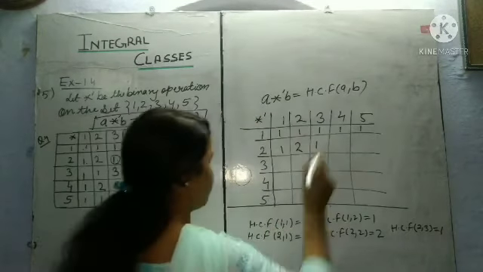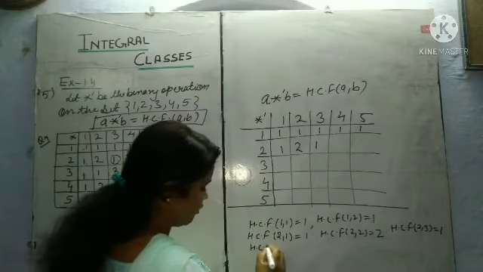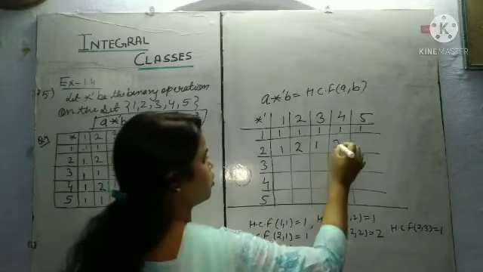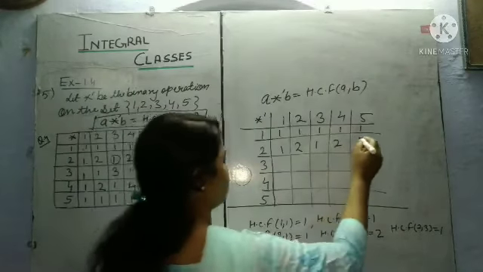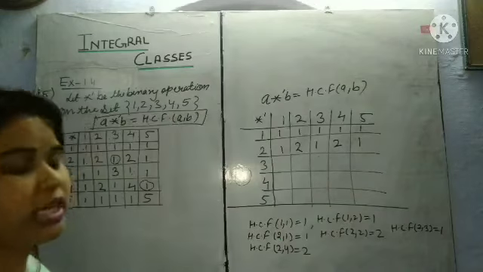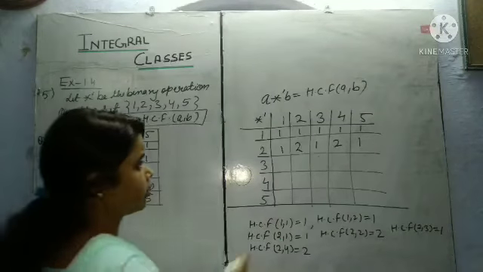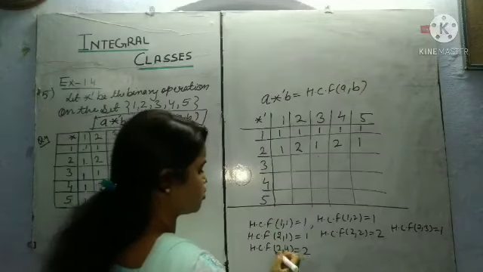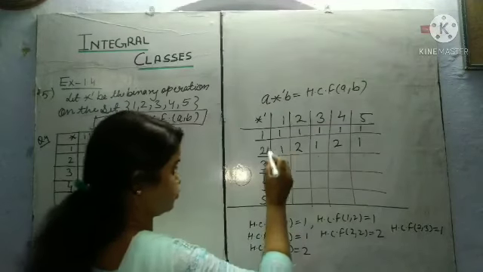Similarly HCF of 2 and 4 is equal to 2, and HCF of 2 and 5 is 1 because these are coprime numbers. Now again, HCF of 3 and 1 is equal to what? 1.